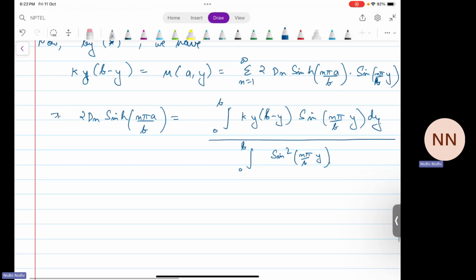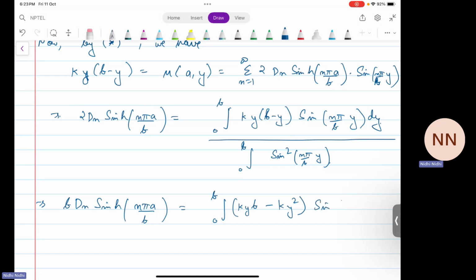So this gives us b dn sine hyperbolic n pi a by b is equal to integration 0 to b k y (b minus y) times sine n pi by b y dy.